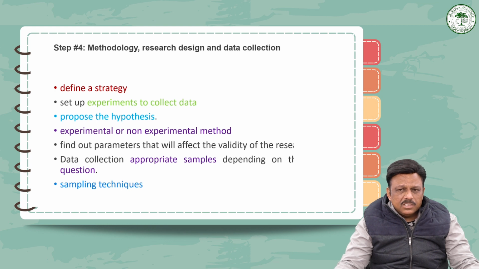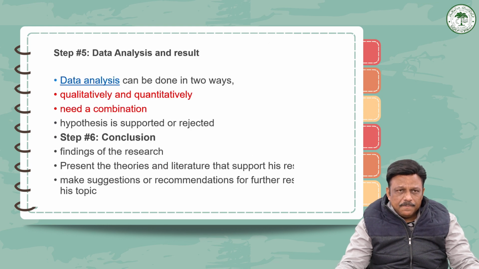Then data collection will need to be done by choosing appropriate samples depending on the research question. So in carrying out the research, he can use one of the many sampling techniques, probable or non-probable. And once data is collected and complete, the researcher will have to do an empirical data analysis later on to draw results out of it.